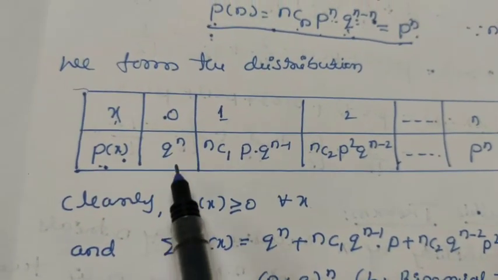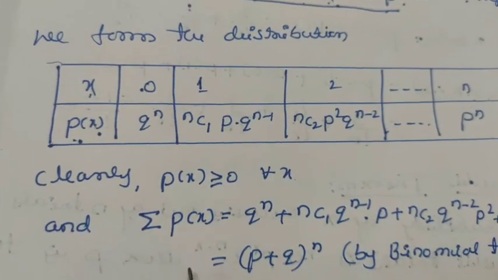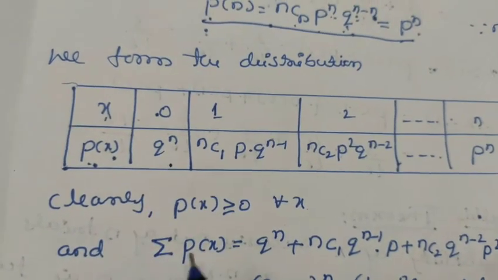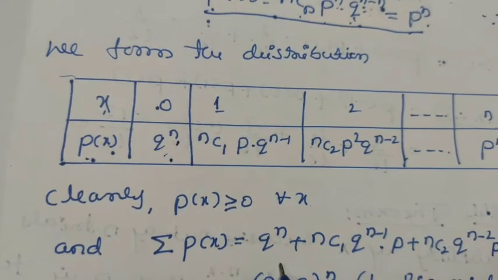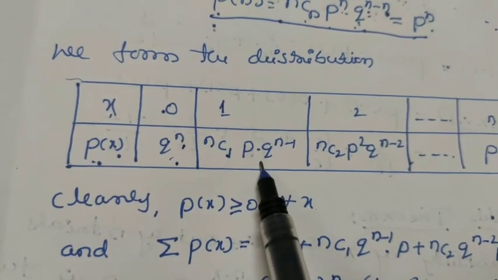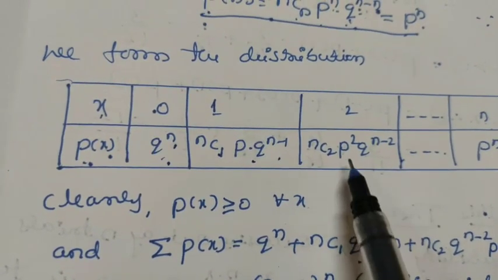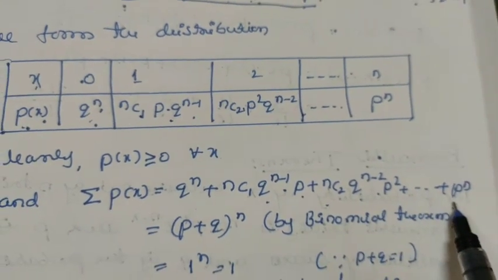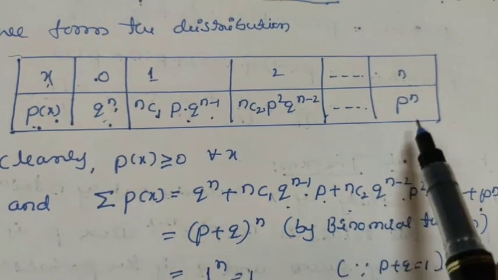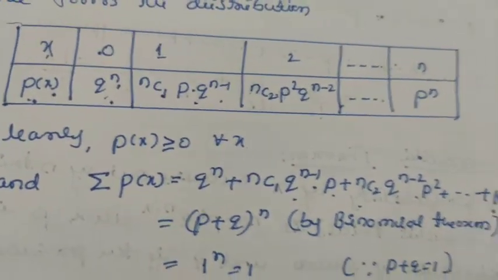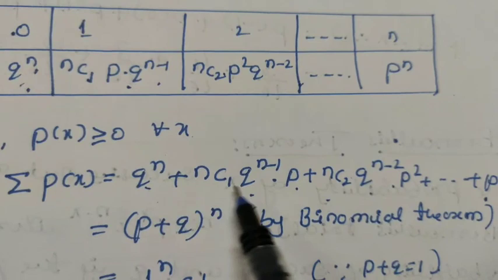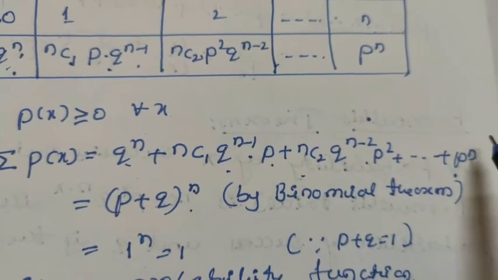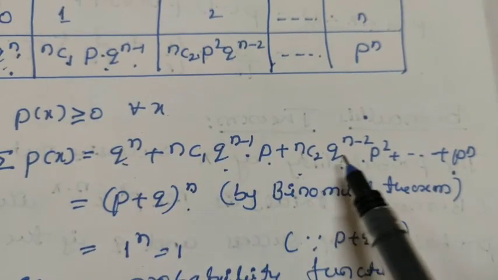And let us add all these values. Let us see what we will get here. Sigma P of x equals q raised to n plus nC1 p into q raised to n minus 1 plus nC2 p square into q raised to n minus 2 and so on, up to p raised to n. This is the expansion of p plus q raised to n, by the binomial theorem.